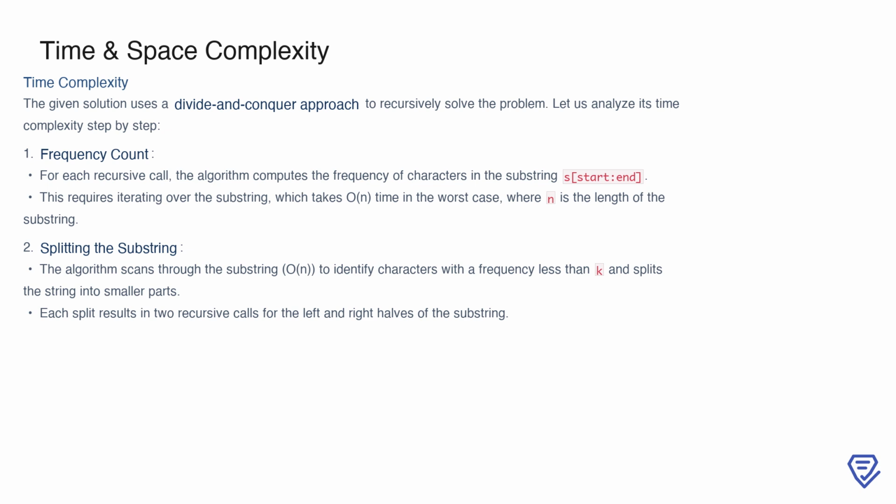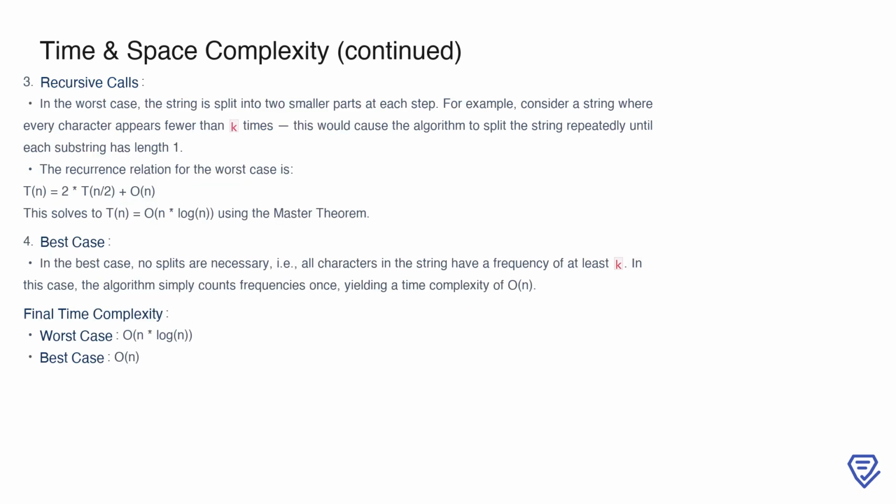This second scan also takes O(n) time. When such characters are found, the algorithm splits the substring into smaller parts and recursively processes each part. These two steps, computing frequencies and splitting the substring, are repeated at each level of recursion, and this contributes to the overall time complexity.